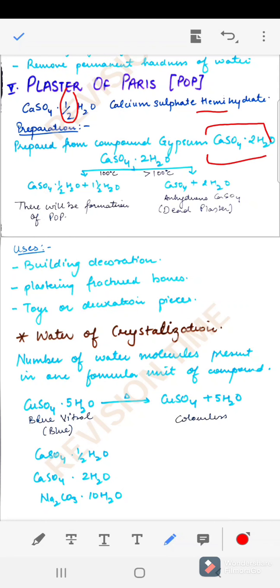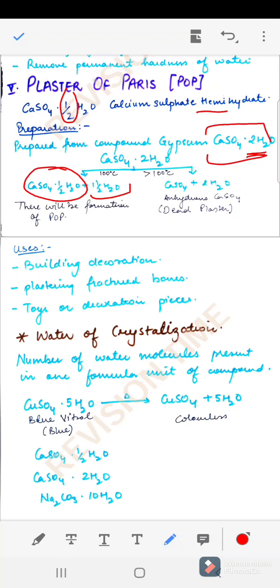Gypsum is calcium sulfate with 2 molecules of water of crystallization. So what happens? If we heat gypsum at 100 degrees centigrade, we will get POP with half a water molecule, and 1.5 water molecules will be separated, right?